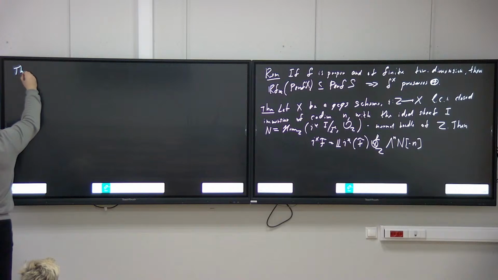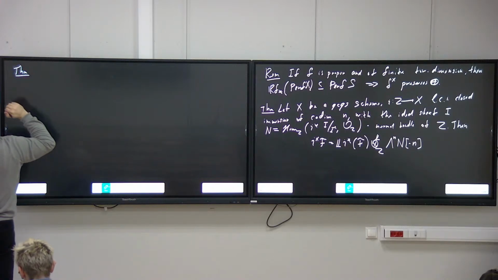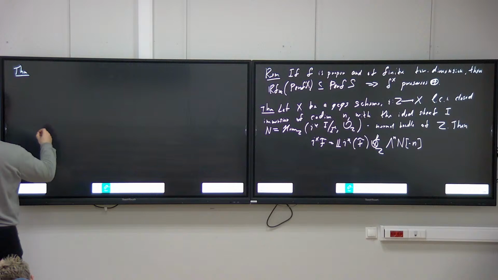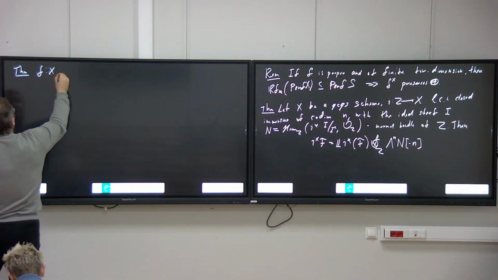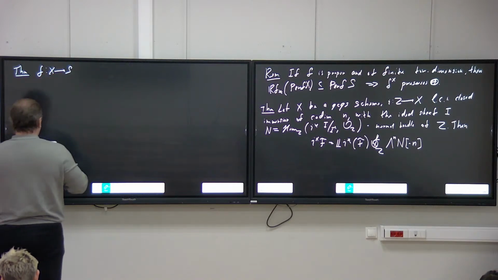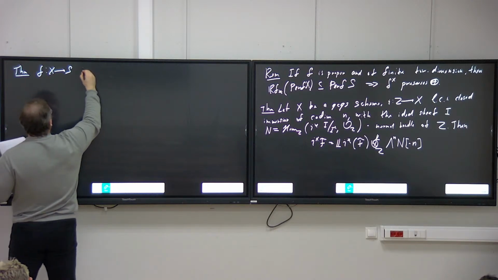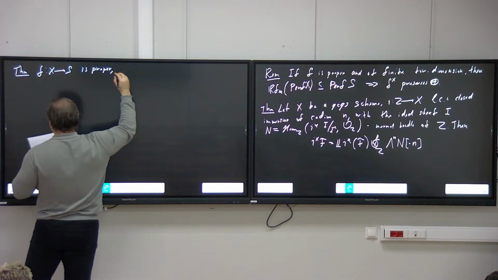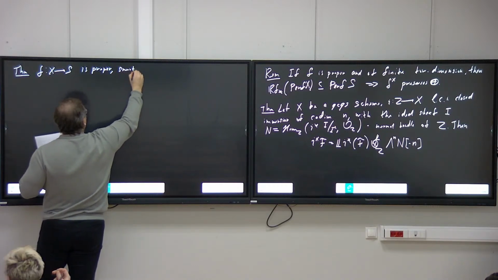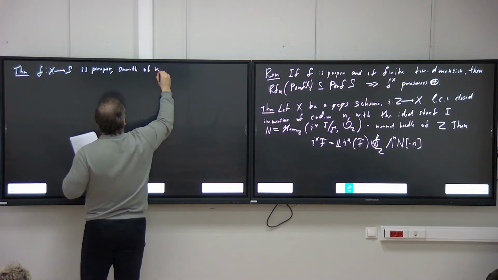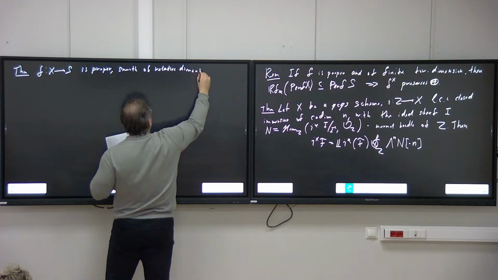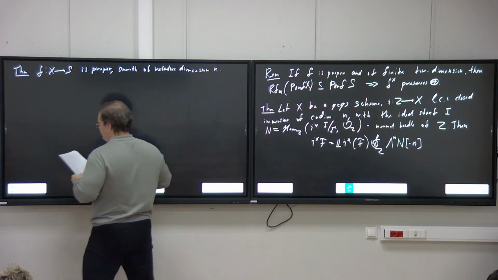So, theorem. So all the maps as before, the schemes and all the maps are quasi-compact, quasi-separated. But now I have a very specific map. Initially, I have the requirement that f is proper and smooth of relative dimension n.